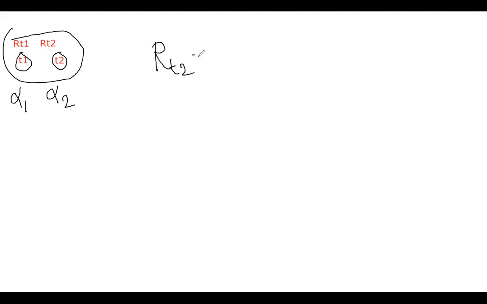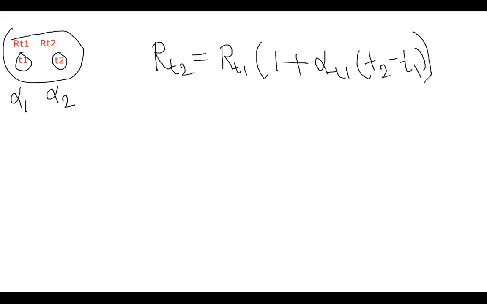RT2 is equal to RT1 into the bracket 1 plus alpha T1 into the temperature difference, which is T2 minus T1, as per our previous equation.